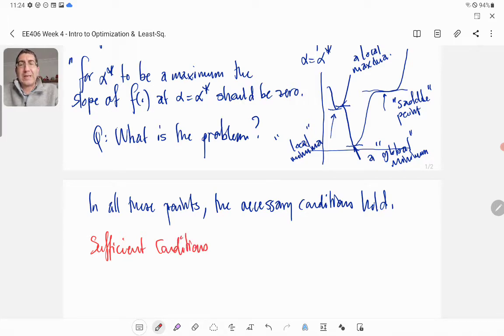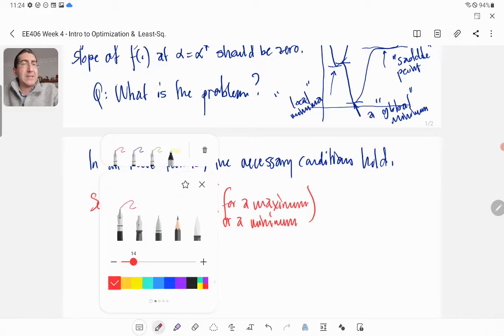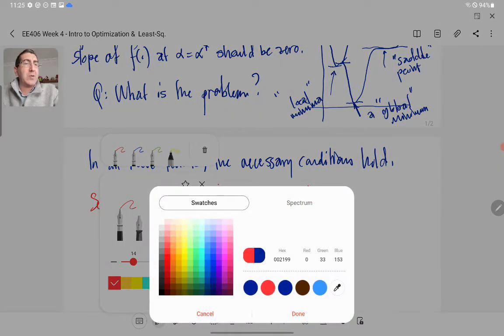Now when we look at a sufficient condition for a maximum, this can also be extended for a minimum. So you have slightly different sufficient conditions for a maximum and a minimum. But let's take a look at what we can further tell about a maximum.